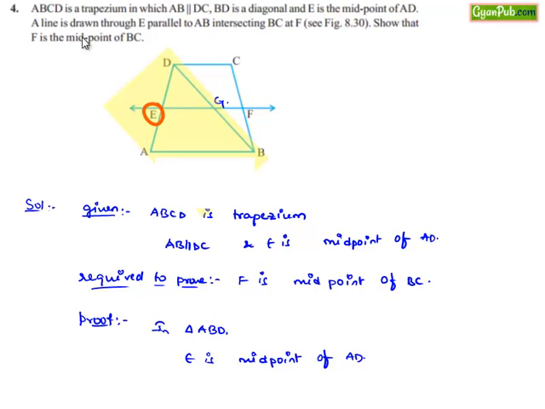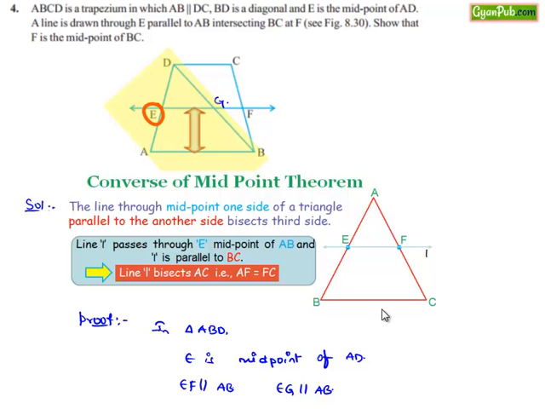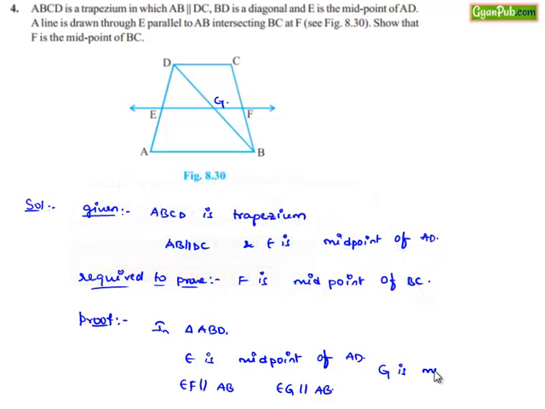Now in the question, he also gave that a line is drawn through E parallel to AB intersecting BC at F. So we can say that EF is parallel to AB. Now as EF is parallel to AB, we can say a part of EF, that is EG, is also parallel to AB. Now if we observe in triangle ADB, EG is parallel to AB and E is the midpoint of AD. Then by the converse of the midpoint theorem we can say that G is the midpoint of BD.